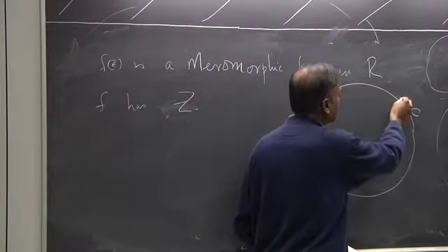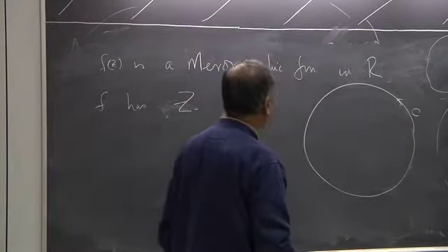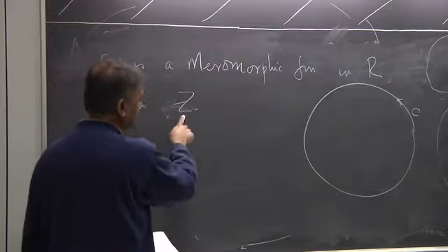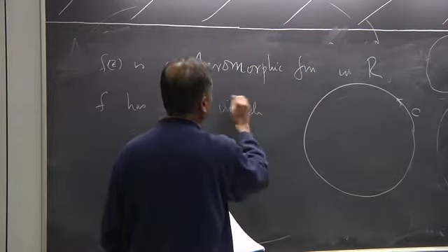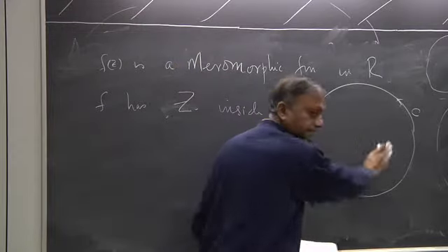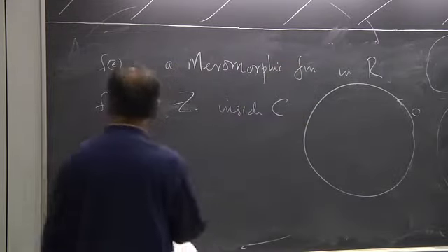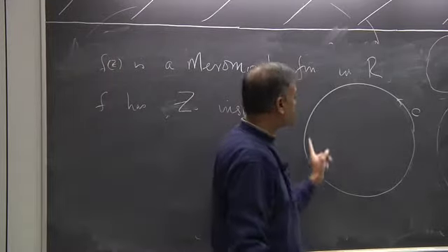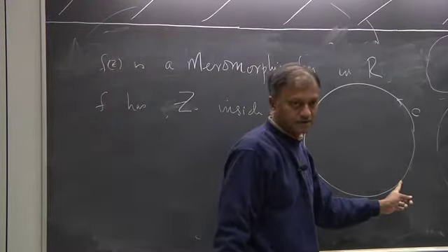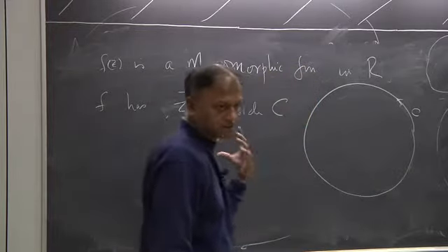I close the contour like that. Let's suppose this f has z zeros inside this contour C. I choose C in such a way that f has no zero on C itself, but inside C it has z zeros.